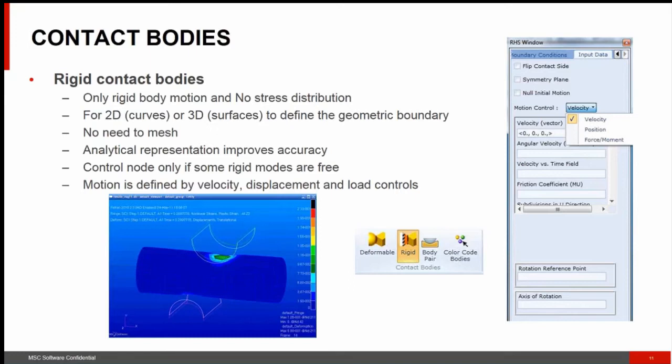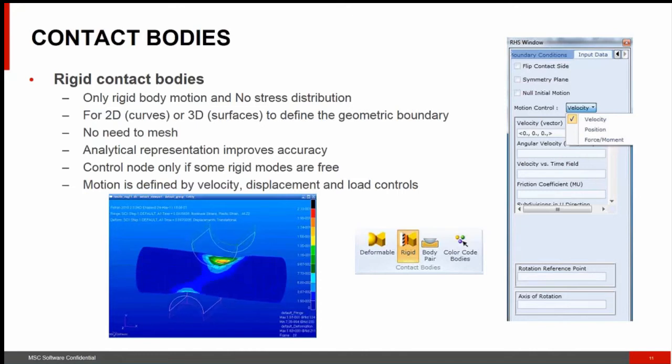It's dependent on the model, and technically there is no rule on which one to use. But for most cases, when the load control method is used, if you want to specify a translational load or a rotational load, two additional nodes are applied and assigned to the body.